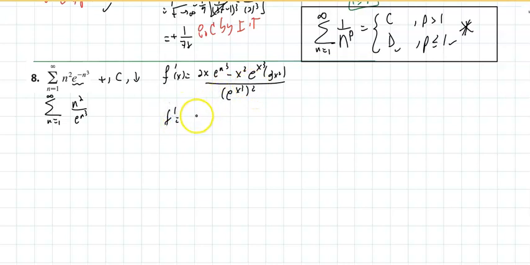And that would be, if I factor an x e to the x cubed out, so torn here, that would be a 2 minus 3x cubed, squared, yeah, over e to the x cubed squared. Well, that cancels one of those, not a problem.